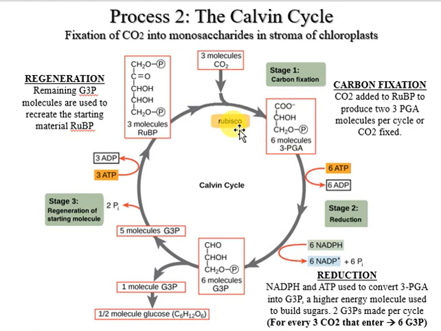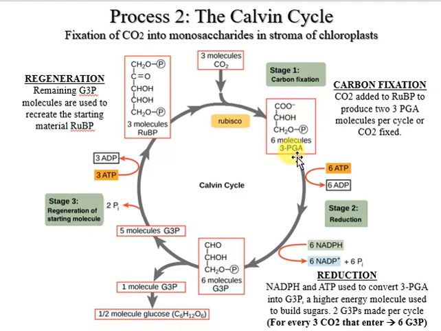The intermediate that's created is very unstable, and it splits in half to form 2 molecules of 3-phosphoglycerate. In other words, 2 molecules of 3-PGA for each carbon dioxide. Right? So for one carbon dioxide molecule, it creates 2 of these 3-PGA molecules.